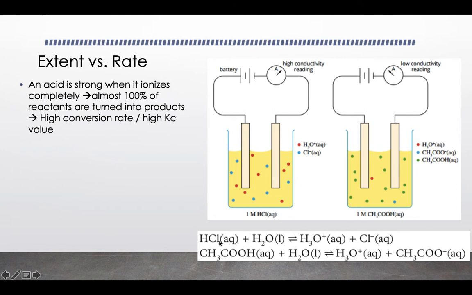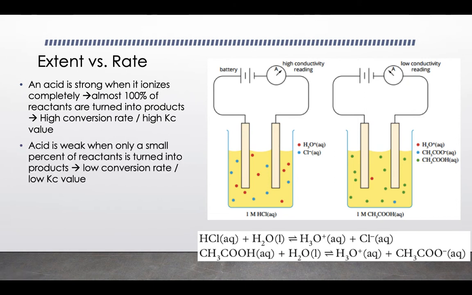So if you put hydrogen chloride into water, it will ionize almost completely. And as a result, this reversible reaction has a high Kc value. On the other hand, if we look at ethanoic acid, that is vinegar, it's a weak acid.